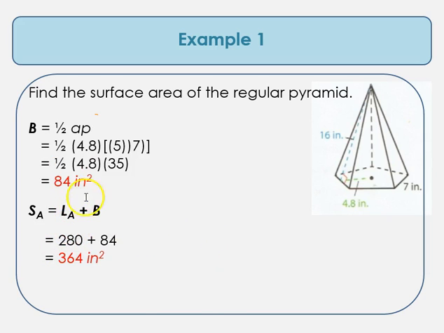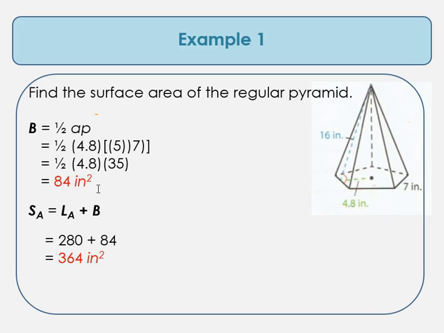Now we'll solve for the area of the base, and this is a pentagon, so the area formula is 1/2 AP. That's 1/2 times 4.8, and then P, if you remember, is really NS, so the number of sides, 5, times the side length, which is 7. 1/2 times 4.8 times 35 is 84 inches squared.